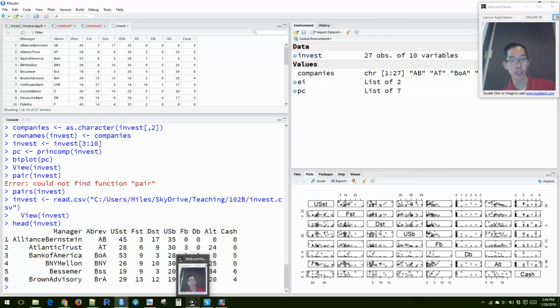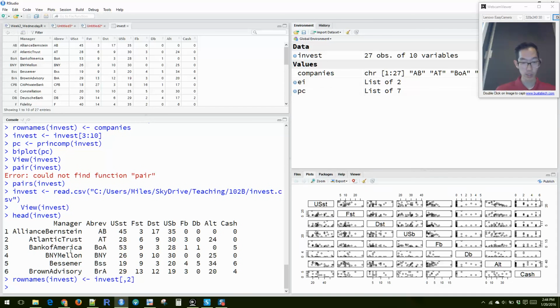All right. And so what I want to do is actually change the row names, and get rid of these two columns, manager and abbreviation, so that the only columns in the data are actual values, and then rename the rows to our abbreviations. So what I'm going to do is say row names of invest is invest, and we'll take the second column there.